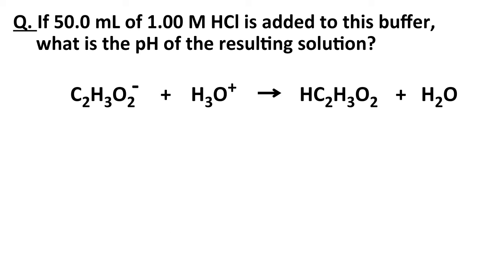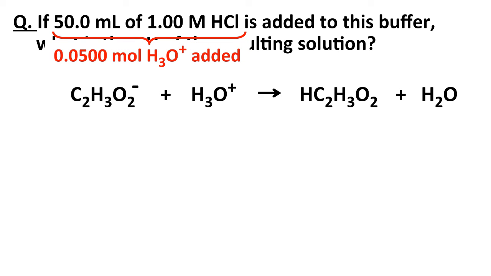So here is our reaction, and we've added 0.0500 moles of H3O+, so 50 milliliters or 0.05 liters times 1 mole per liter gives us that amount of moles of H3O+ that's added. And we can actually treat the reaction that occurs using essentially an ICE table. This time, though, we need to work in moles rather than molarity because the reaction takes place on a mole-to-mole basis.